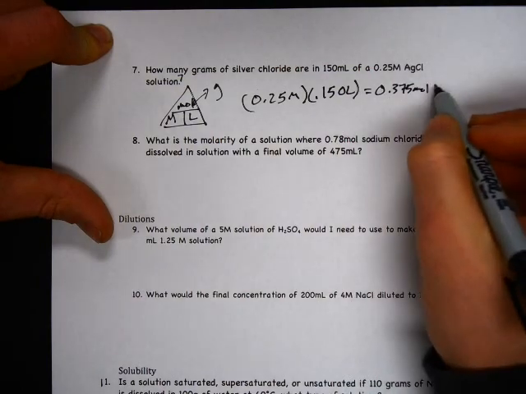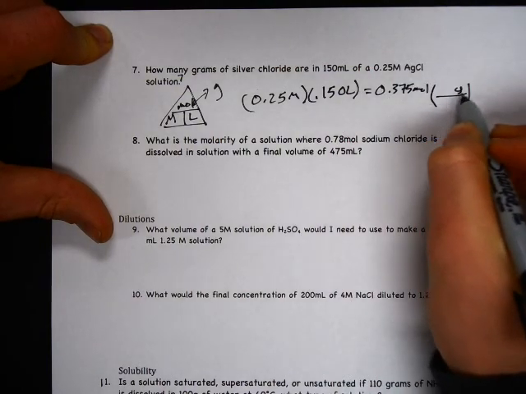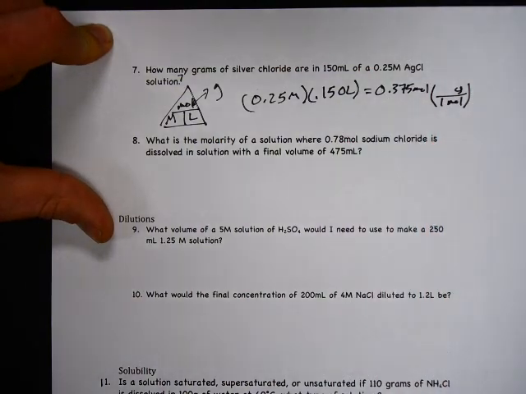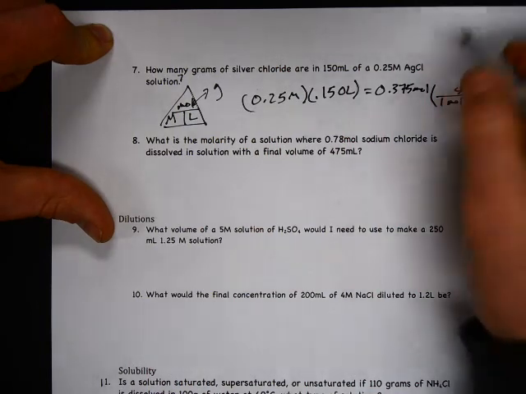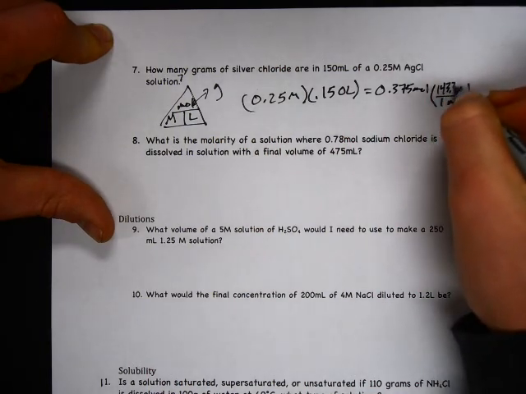But then I have to convert to grams of silver chloride, and every mole using its molar mass. Silver has a mass of 107.87. Add that to 1 chlorine, which is 35.45, and I get 143.3 grams per mole.